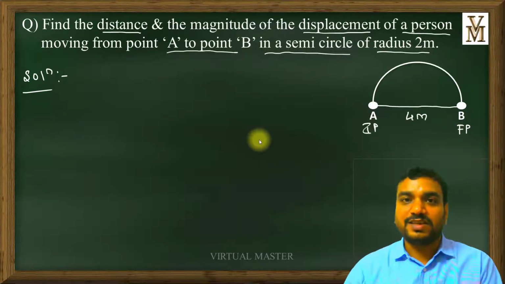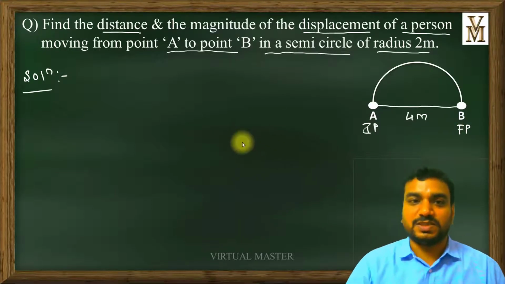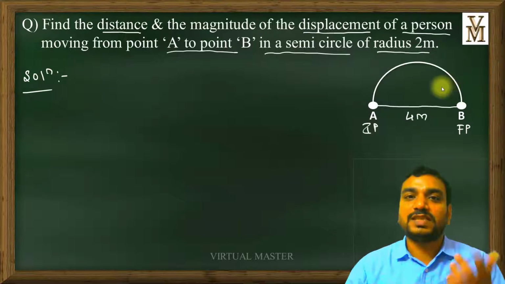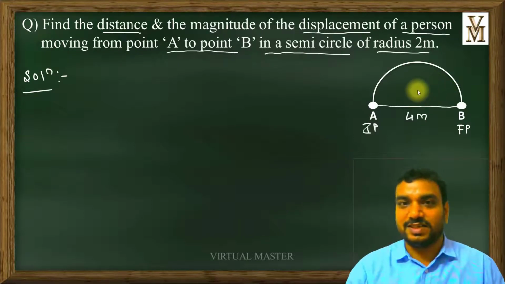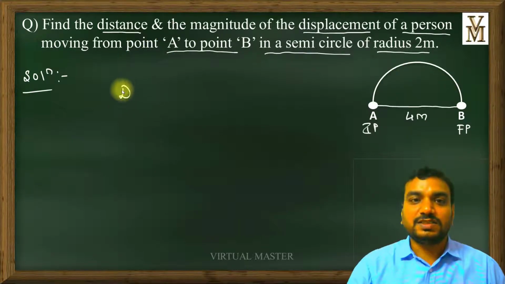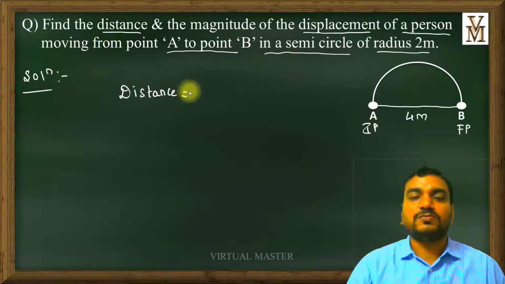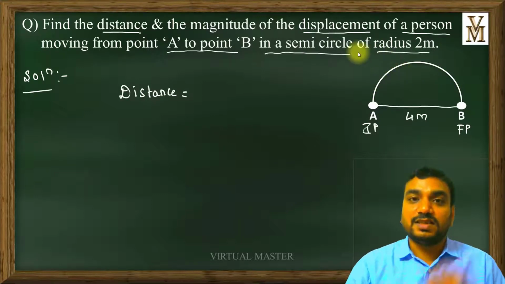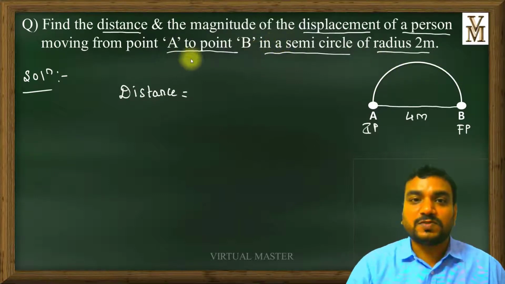Now you have to calculate distance and displacement of the person. Distance is equal to half of the circumference of a circle, or you can say circumference of a semicircle, isn't it? Distance will be equal to half of the circumference of the circle. Now what is the formula for circumference of a circle?